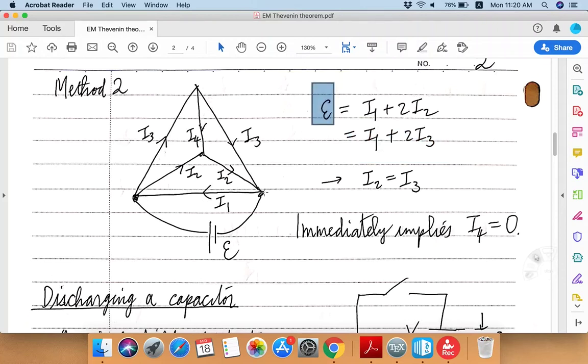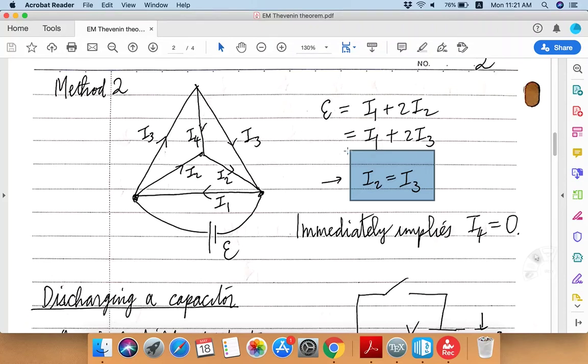But you can also work out the Kirchhoff rule for this smaller triangle. And all you have to do is just replace I3 by I2 over here. So then just by identity of these two equations, you conclude that these two currents must actually be the same.